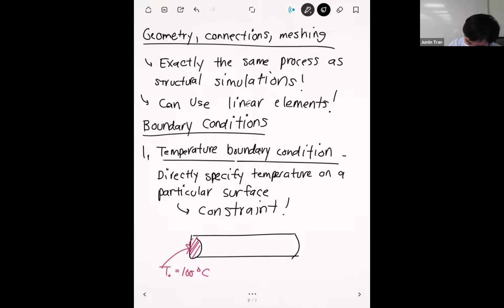This is the same thing as our fixed support, our displacement constraint, and mathematically it performs the same purpose. Remember when we talked about boundary conditions earlier on in the semester, the thing about constraint type boundary conditions is that they directly specify what value the primary solution variable is going to take.